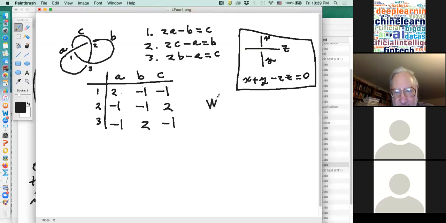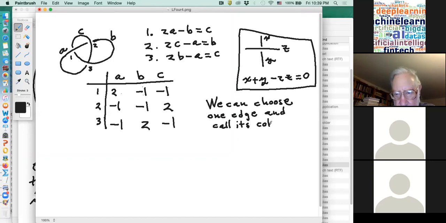Let me make it a statement: we can choose one edge and call its color 0.